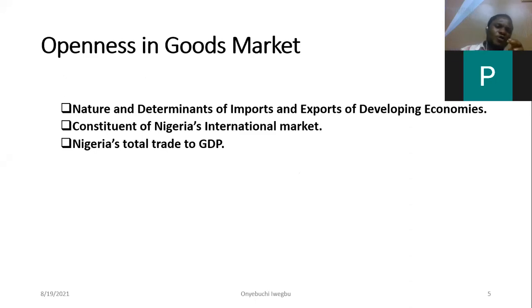Then let's look at the constituents of Nigeria's international markets. That is, when you look at the Nigerian international market, what is the nature of the import? What is the nature of the export? What are the constituents of the import and of the export? What can help us explain this is when we consider the data on import and export.